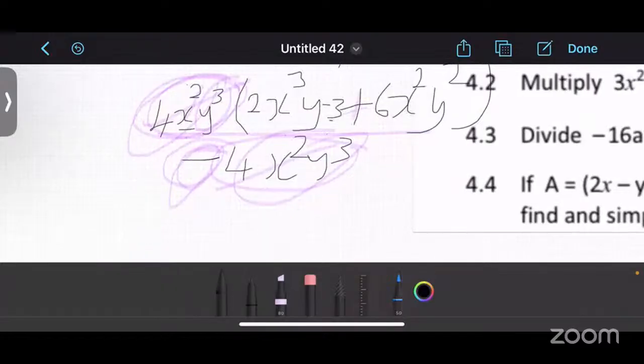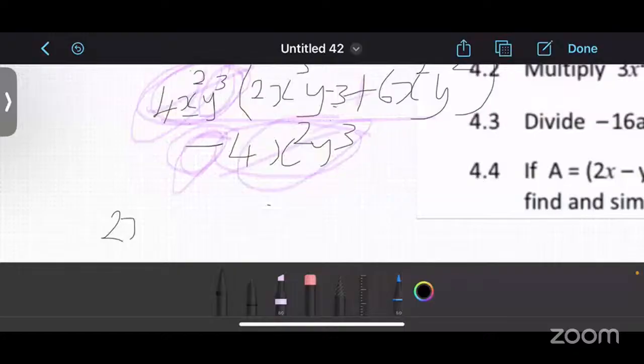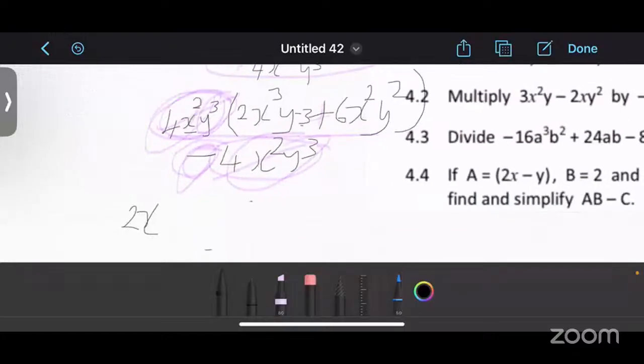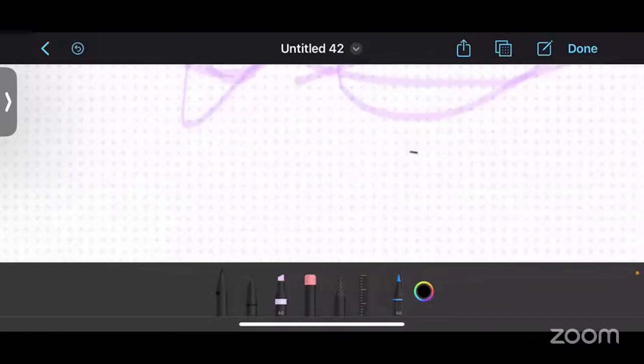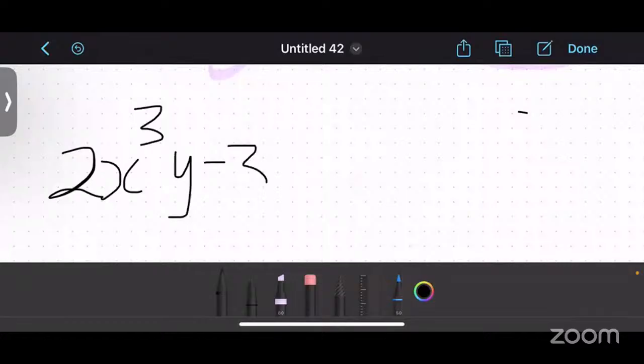Okay. So in the bracket, we have what? We have 2x to the power of 3y, minus 3, and then plus, what was it?